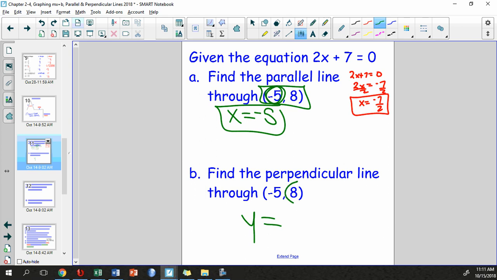So what does y equal? 8. Why? Because in this problem, I have x and only x. So parallel means the same letter. So if parallel means the same letter, then what does perpendicular mean? The opposite letter. So that's why perpendicular means y. Does that make sense? Okay, let's do it again.